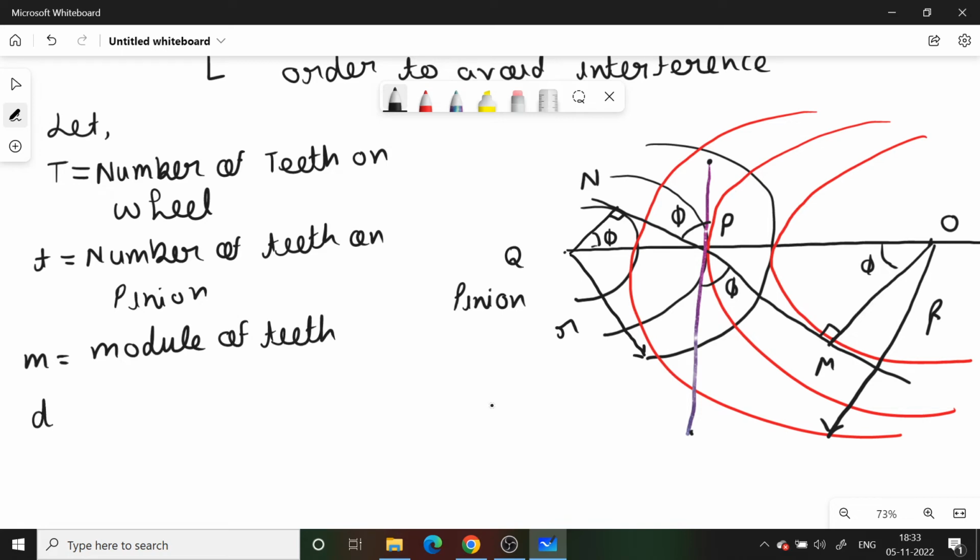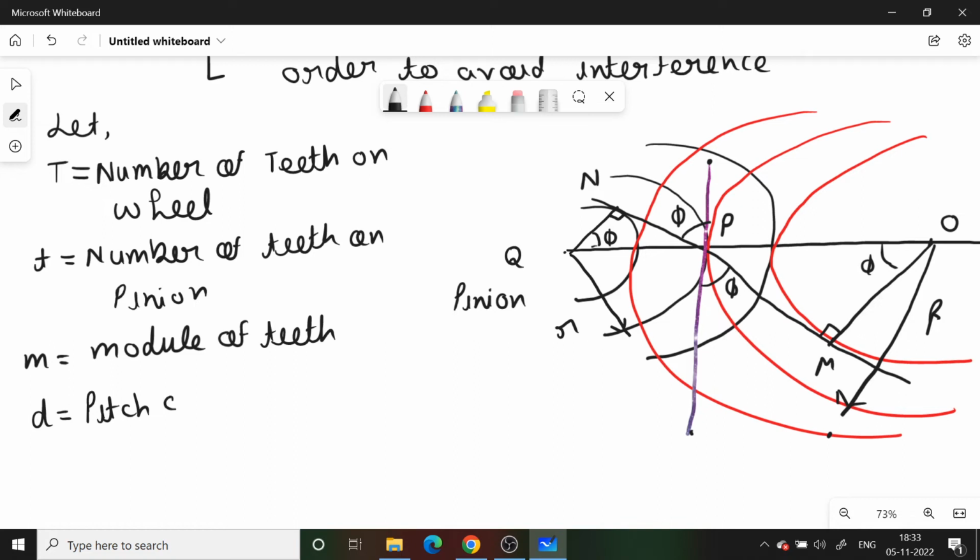Small d is the pitch circle diameter of pinion. This is the pitch circle radius of the pinion and the wheel.